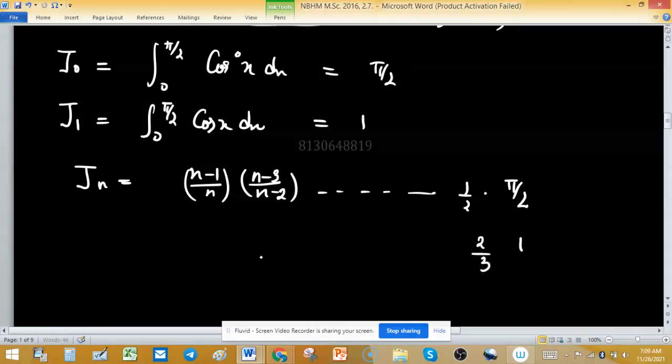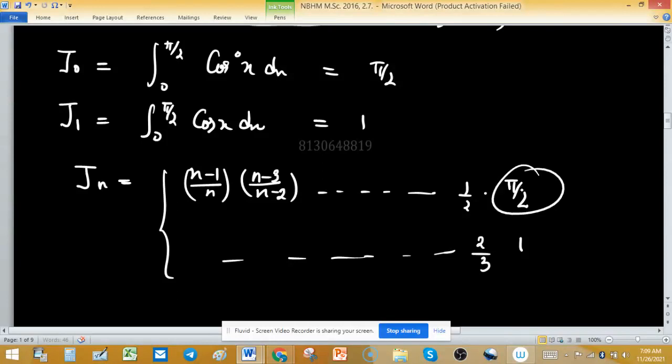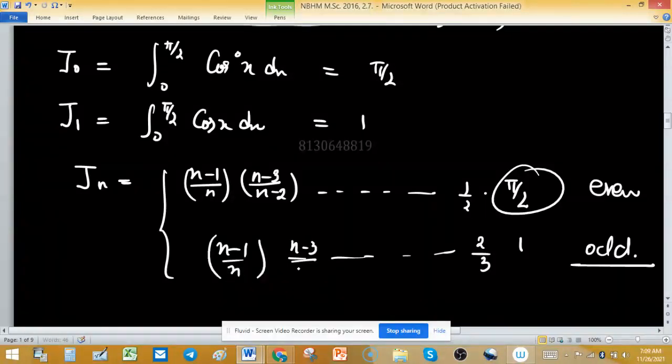So you can observe this pattern. This contains pi by 2 when n is an even number, and this is for odd. In the odd case you can observe (n-1)/n and (n-3)/(n-2); all these are rational numbers.